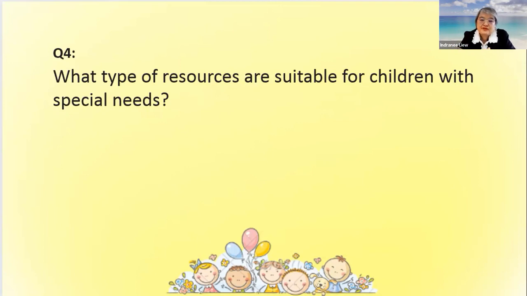Worksheets are not suitable for children with special needs. Okay? Let me ask you this, which is easier, to try and write C-A-T, or to get plastic letters and put C-A-T? Using letters is easier, right? So in the beginning, if the children have difficulty with handwriting, don't write first. Get them to do the what?